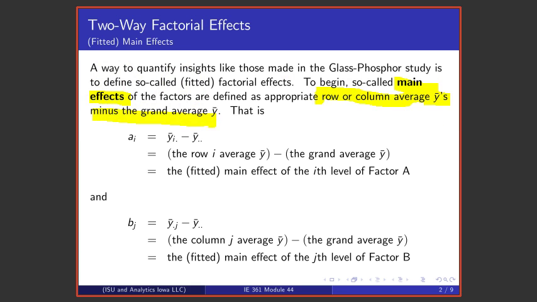So if we take a particular row average and we subtract the grand average, we're going to call that a fitted main effect of that level of factor A. If we take a column average response and we subtract the grand average of the cell averages, we're going to call that a so-called fitted main effect of the jth level of factor B.